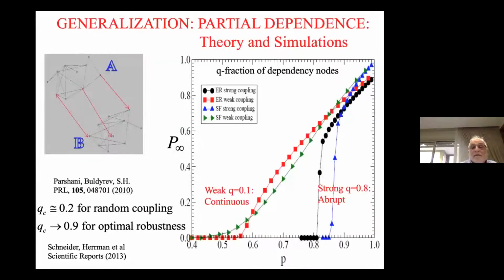And this is the case where we show when you have a fraction of nodes, if the fraction of nodes that depends is very large, like 0.8, 80% of the nodes in one network depend on the other one, you get abrupt collapse. But when Q, the fraction, is very small, 10%, you get a continuous transition. And it's interesting that you can find that there is a critical dependency below which it is continuous and above which it is abrupt. And this can be solved analytically.